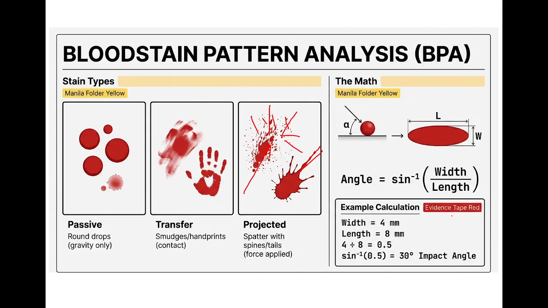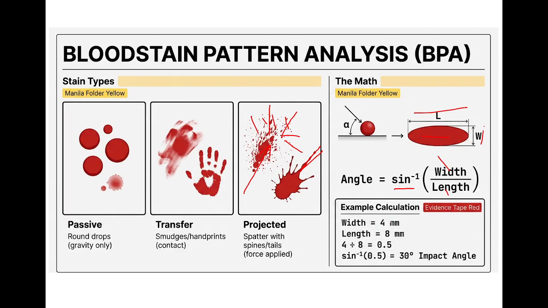What about the angle? We talked about the angle as well. We take a blood drop, we take the length and the width, we divide the width by the length, we get a number, and we take the inverse sine of that, and we get an angle.